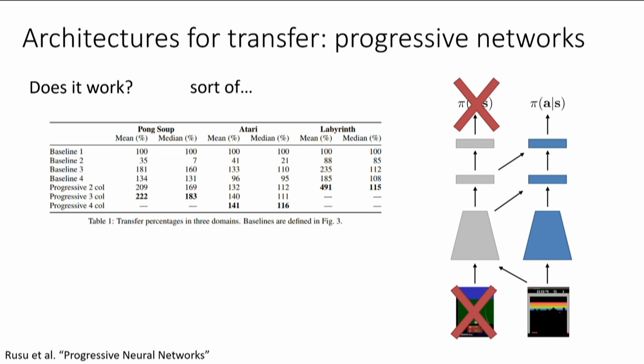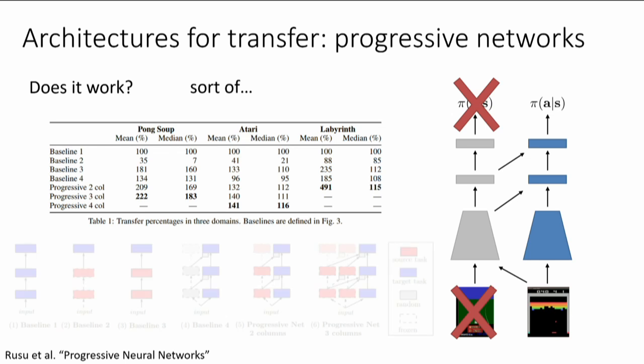There are 3 different classes of tasks, and for each task, they're showing the mean performance and the median performance as a percentage improvement over the first baseline, which I'll explain in a second. The 3 tasks are playing different variants of Pong, which is Pong oriented in different ways with paddles of different sizes and so on, transferring between different Atari games, and transferring between different first-person navigation tasks.